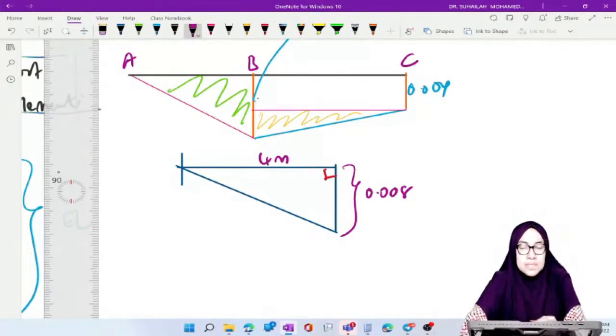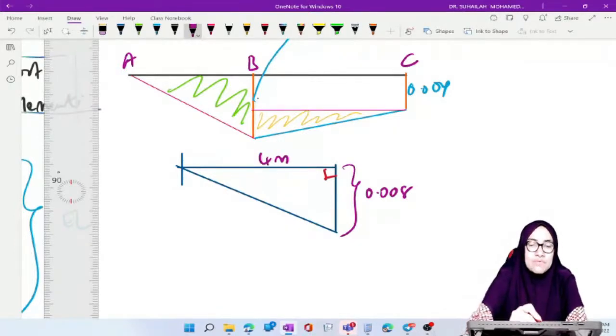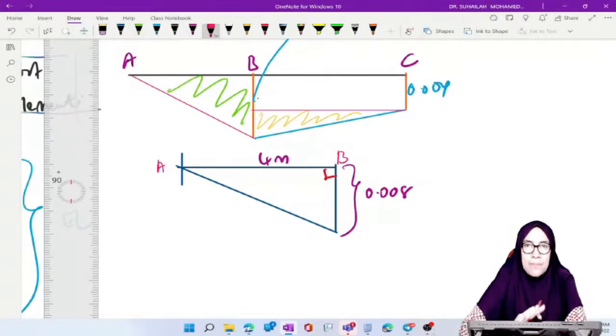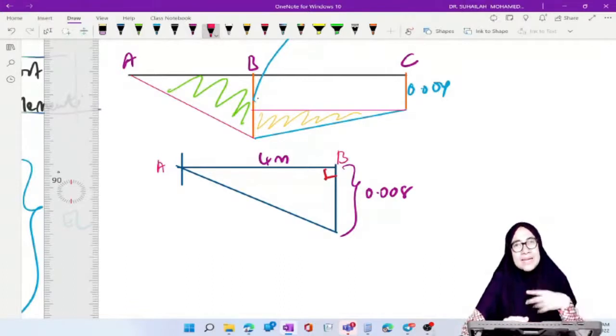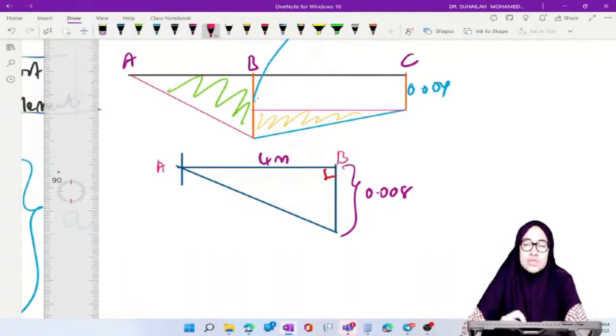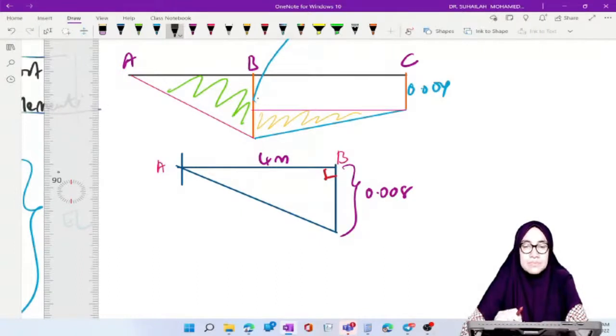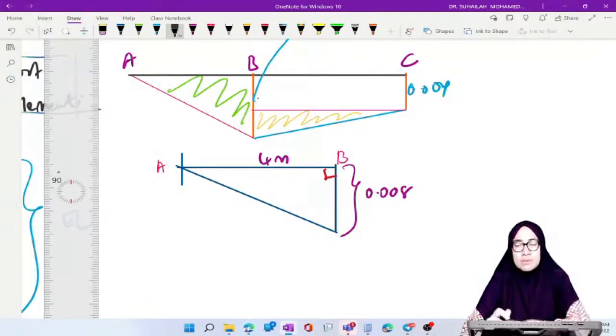4 meter. For this AB, mark the angle from the original position. Always remember, as I always repeat, we have to mark the angle from the original position.